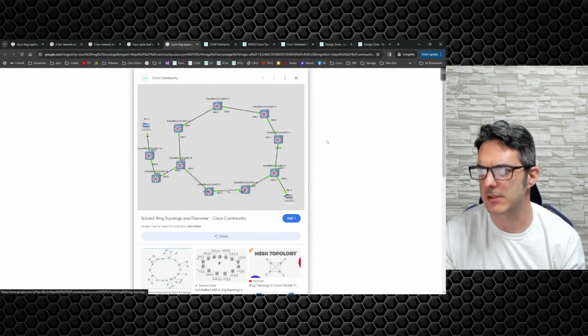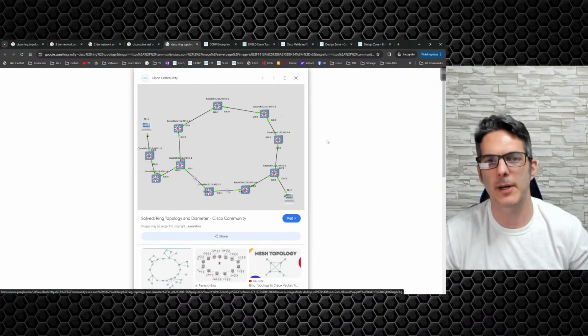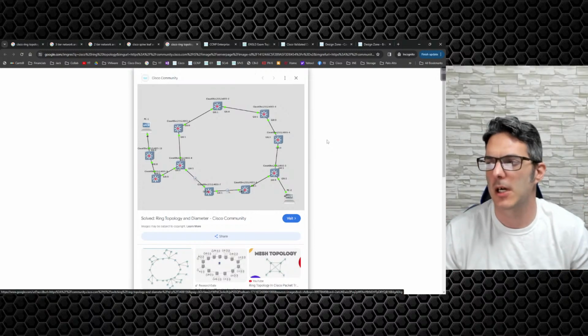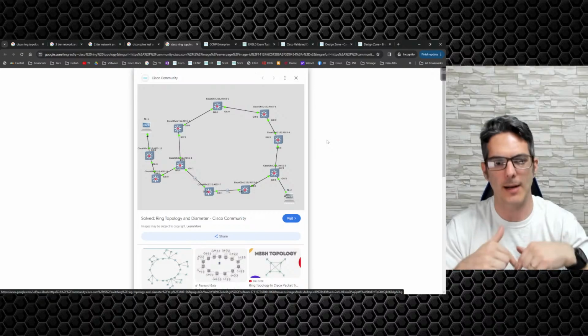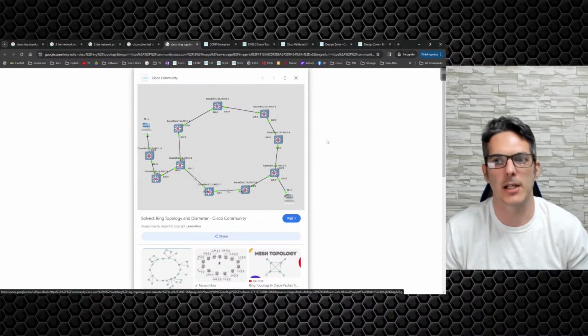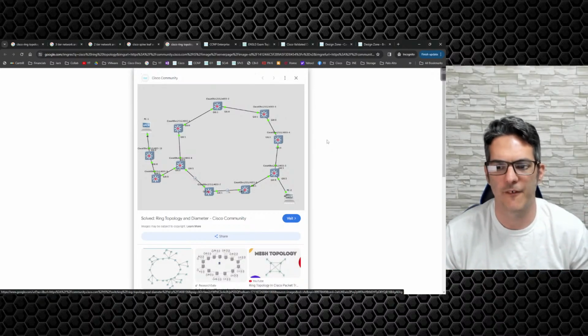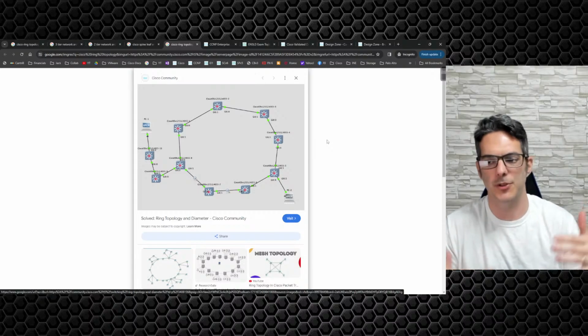What are ring topologies good for? Well, think about it from a service provider's perspective. You have a large geographic area, and you want to be able to get connectivity from point A to point B. Well, you trench fiber in a geographic area. Let's say you've got a 50 mile by 50 mile area, and you need to get all of these locations connected to each other via fiber.